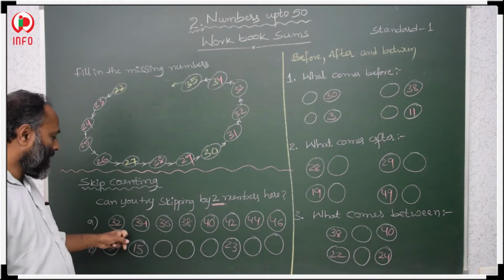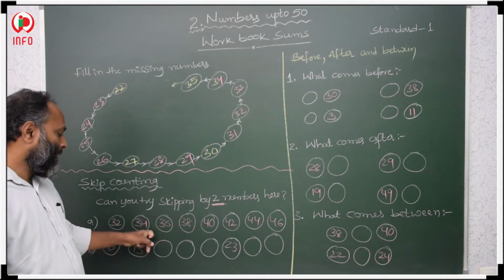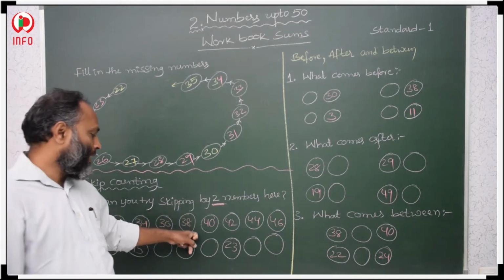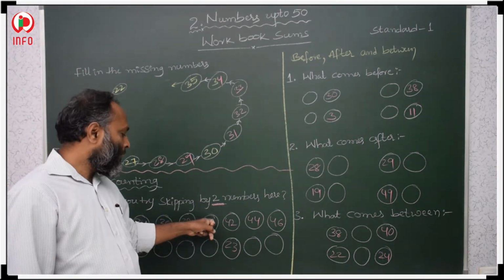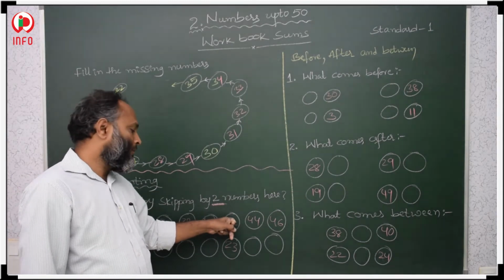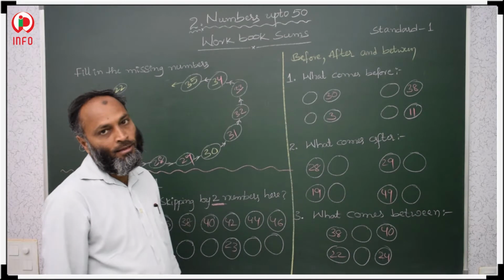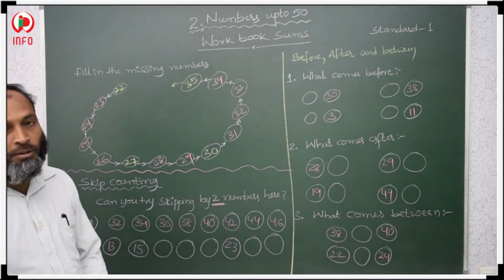32, 33 is skipped, 34, 35 is skipped, 36, 37 is skipped, 38, 39 is skipped, 40, 41 is skipped, 42, 43 is skipped, 44, 45 is skipped, 46. Like this we have to skip and write.